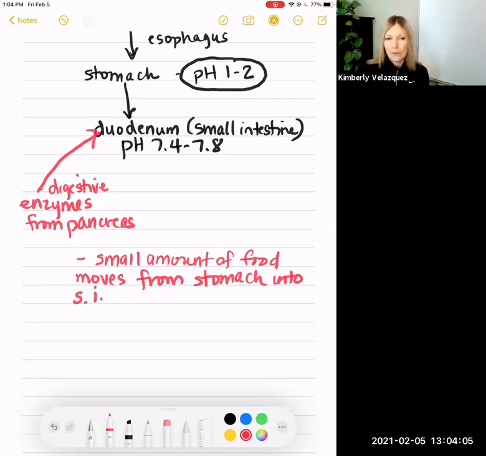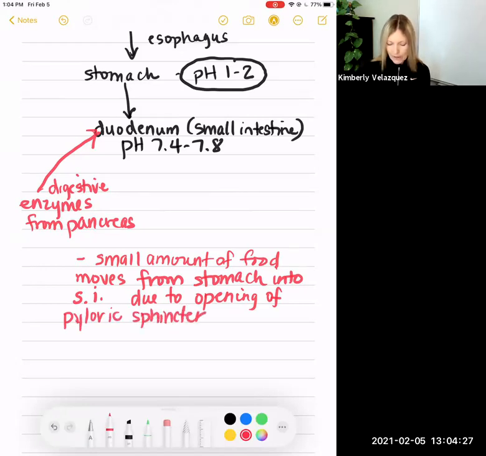And the way that food is going to move in is due to opening of some circular muscles that control food moving in and out. It's called a sphincter. And this particular one is called the pyloric sphincter.